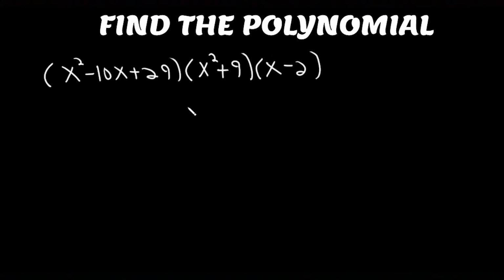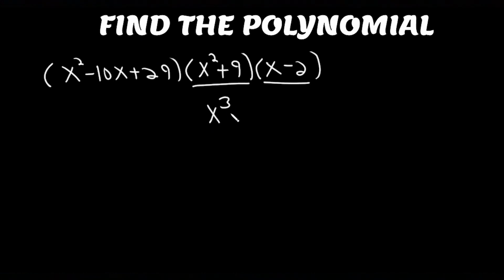Now, it's not really a right or wrong way how you do it. Like I could take this binomial and I could multiply it by this trinomial. You could do that. Or you could take this binomial right here and multiply it by this binomial. And then you could multiply by the trinomial. It doesn't matter. But what I think I'm going to do is multiply the two binomials first, and then I'll work on this trinomial. So doing the two binomials, I'm going to end up with x cubed.